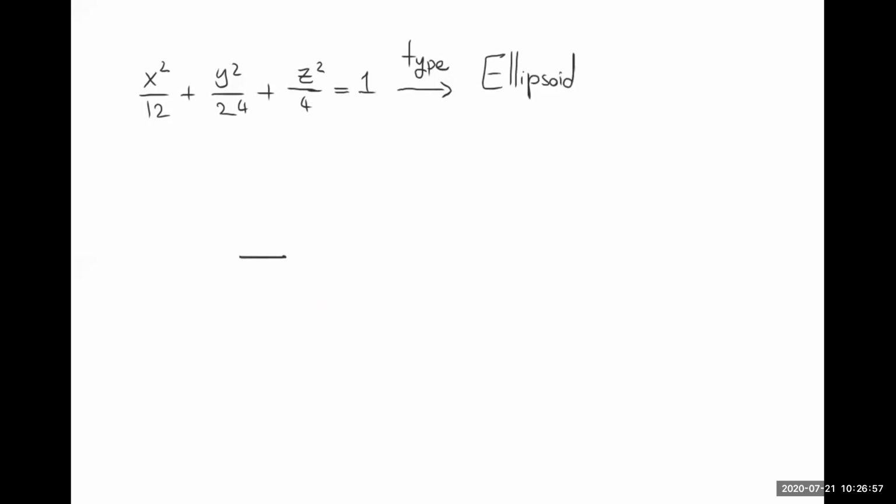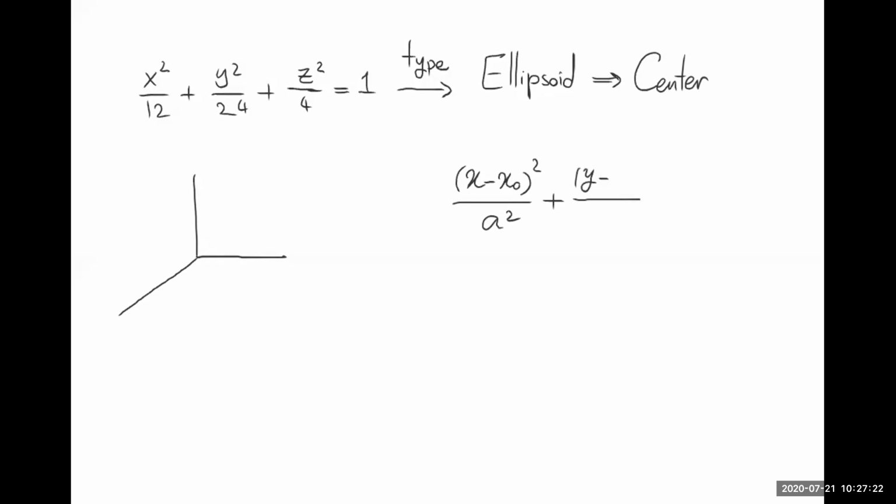If this is our three-dimensional space, there are a few different things to understand about the ellipsoid. First is its center. In general, an ellipsoid would be of the form (x minus x naught) squared over a squared plus (y minus y naught) squared over b squared plus (z minus z naught) squared over c squared equals 1.